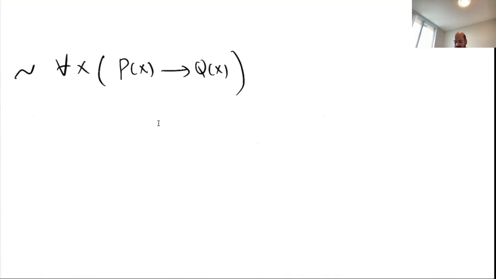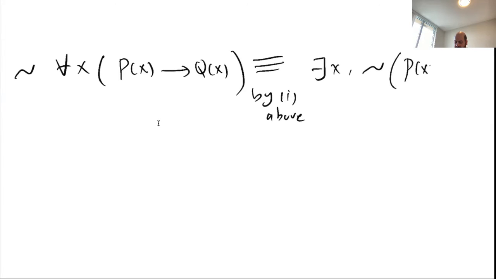So I can say that this one, by one above, is there exists x with negation of P of x implies Q of x. So up to here, it was very straightforward, right? Now, I have negation of P of x implies Q of x.